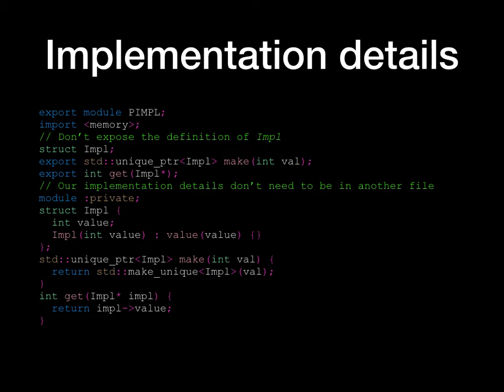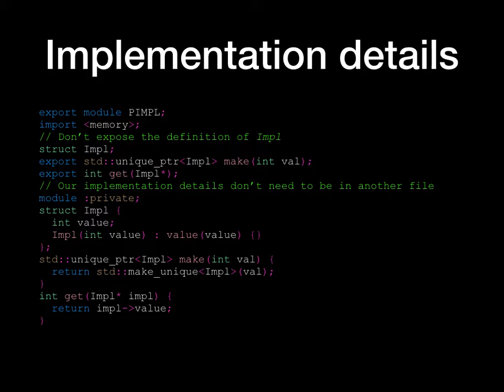You can also hide your implementation details by changing section. You can see that in the middle of the file with the module :private; statement. You can name it private, but you can also have different parts of your module that aren't private. Here in this example, we still import the memory module for the unique_ptr and make_unique function.